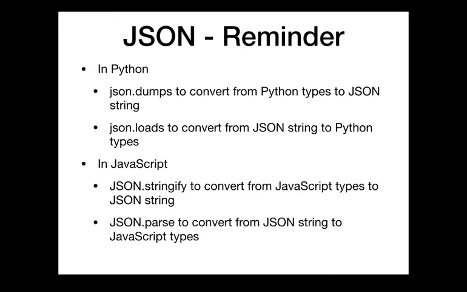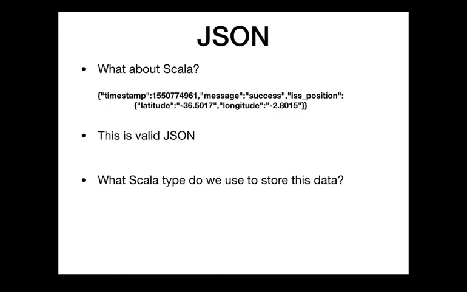JavaScript, stringify and parse did the same thing. I have a JavaScript value, I want to turn it into a JSON string, just stringify it. Why would you do anything else? I have a JSON string, I need it in JavaScript data types, just parse it. JSON.parse, done. But what about Scala?